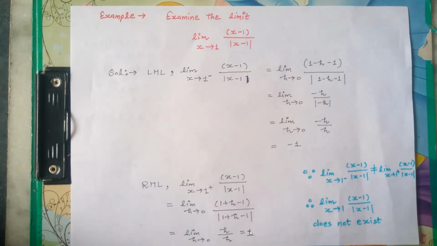H cancels, and this is 1. But this one has a positive sign. In the left-hand limit, the sign of 1 was negative. So we see here, the left-hand limit is not equal to the right-hand limit. It means we can say the limit does not exist. The limit of the given function does not exist.